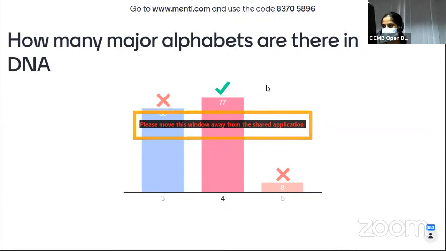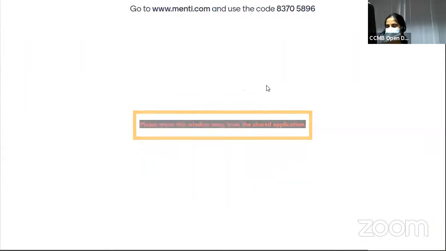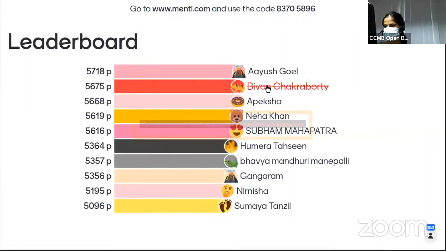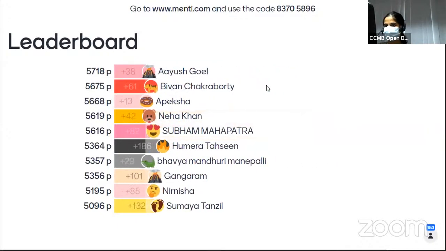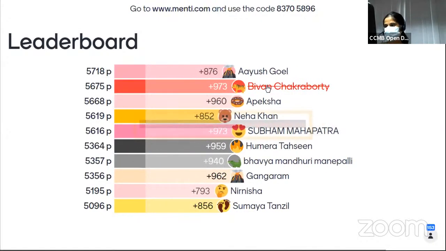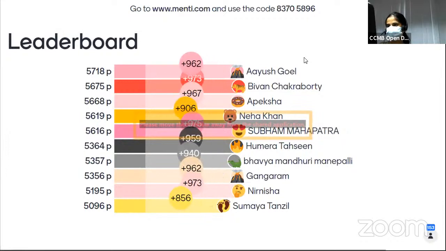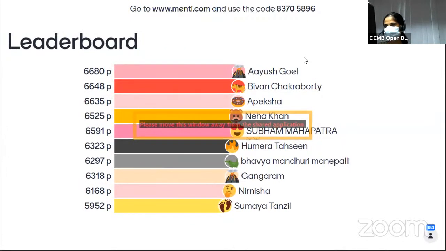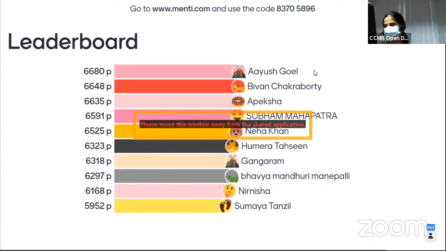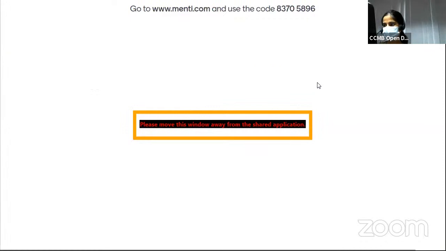We have A, T, G, and C in DNA. So till now, Ayush Goyal is leading the scoreboard. Move on to the next question and next and last.